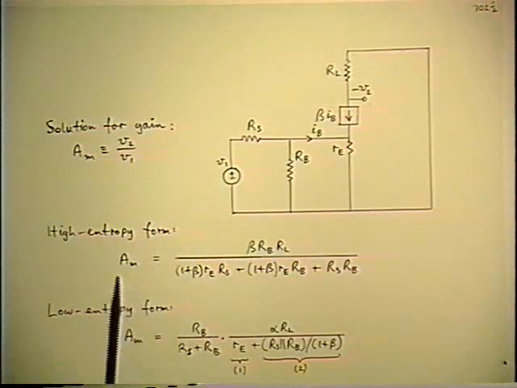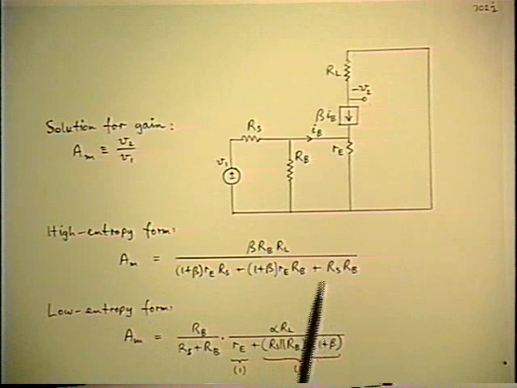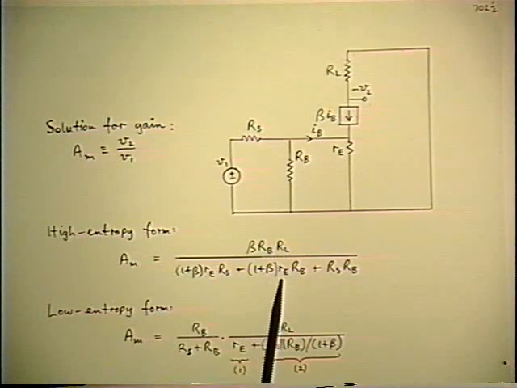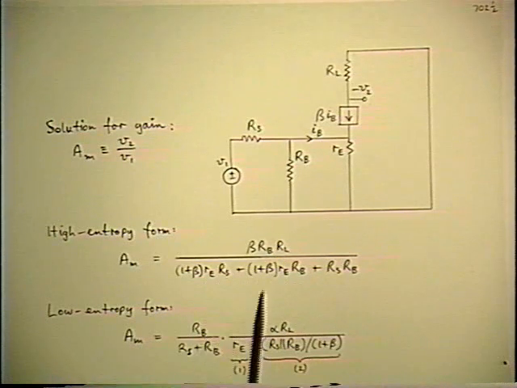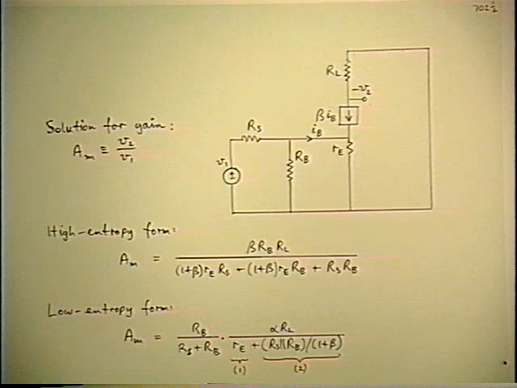You go through standard circuit analysis procedure, and this is the answer you get. Standard form, a fraction whose numerator and denominator each is the sum of products of the various circuit elements. And all you can do with that result is plug in numbers. Now, that's not much help.